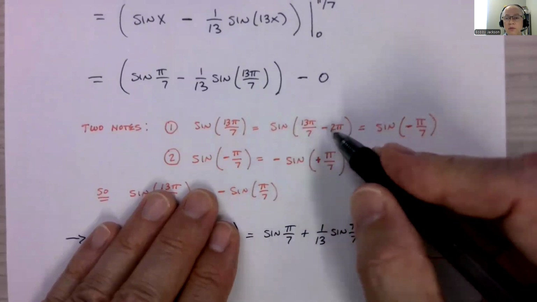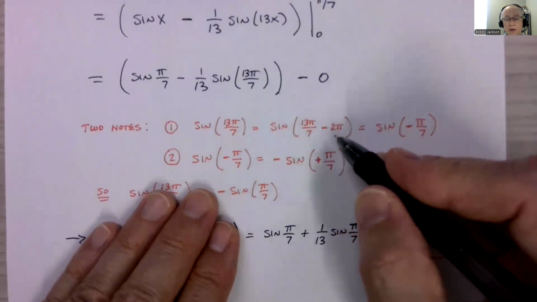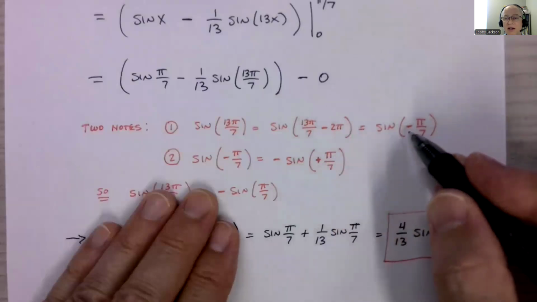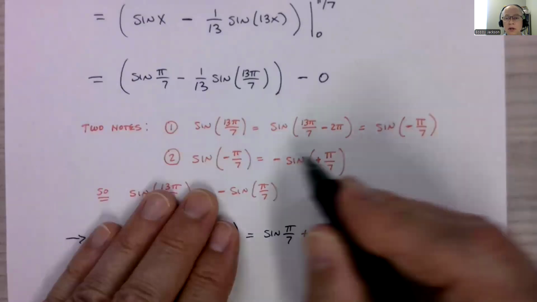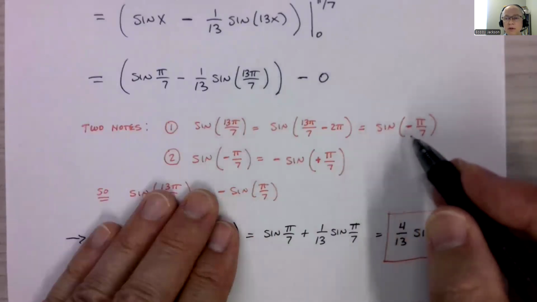So if I subtract 2 pi, which in terms of sevenths is 14 pi over 7, 13 pi over 7 minus 14 pi over 7 is -1 pi over 7. Okay, so sine of 13 pi over 7 can be replaced with sine of -pi over 7.